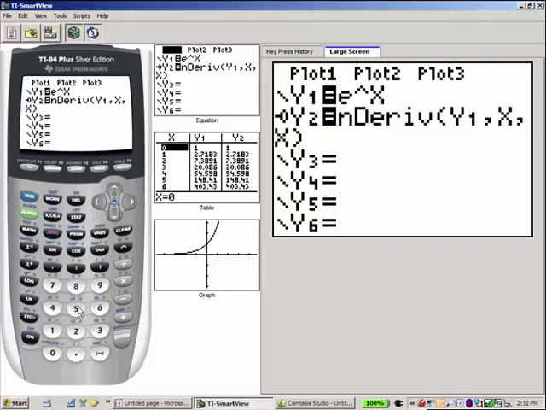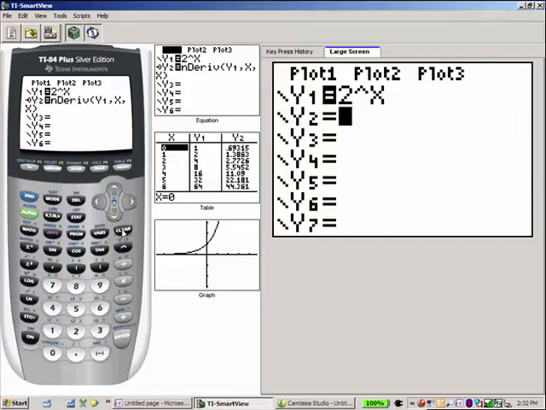All right, so let's change this to 2 to the x, and let's see if what you said was right. You said x times 2 raised to the x minus 1 would be the derivative, and I'm going to make the derivative a bold-faced line so we can differentiate it from the function.